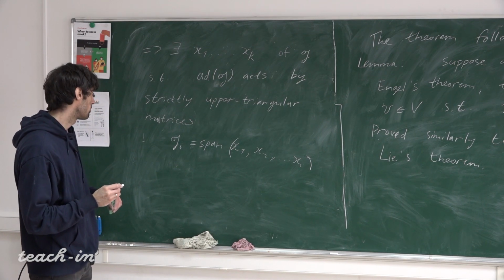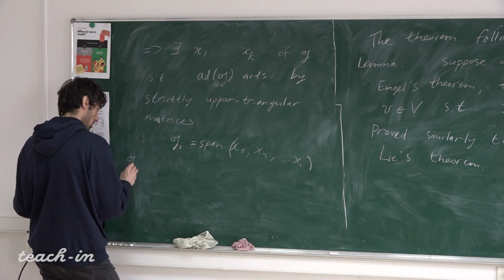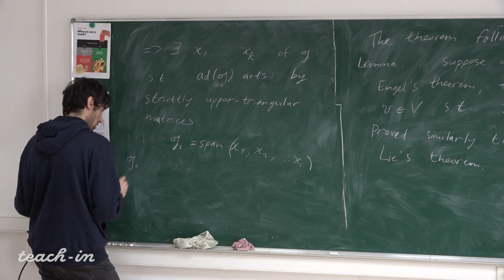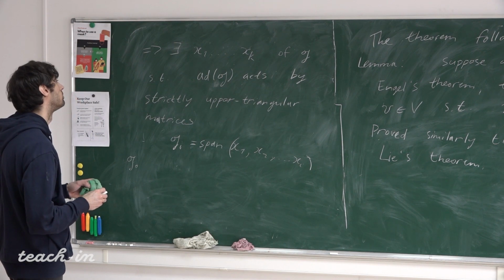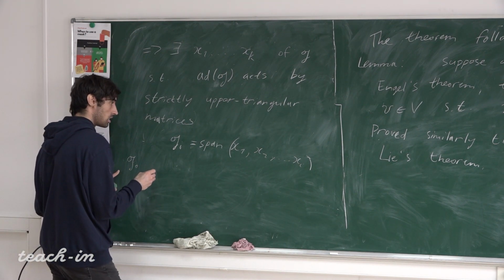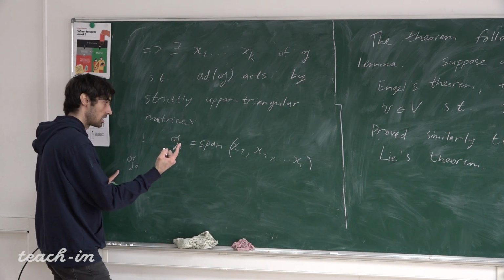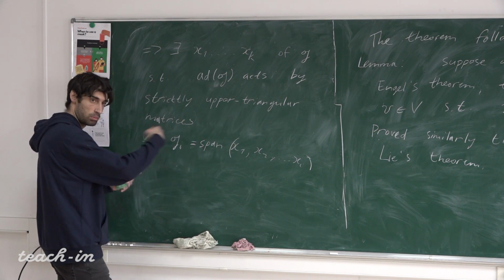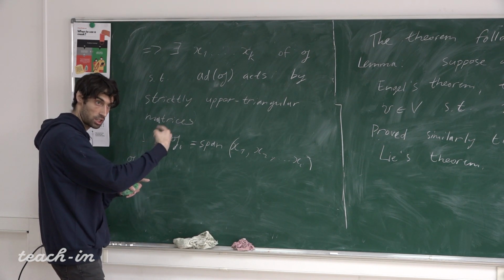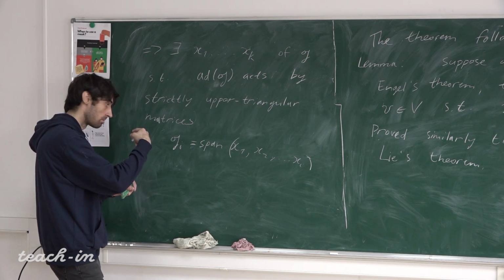I claim that I have a sequence of ideals, actually, because of upper triangularity: if I commute g_i with something, it will be in g_i itself, actually it goes to g_{i+1}.